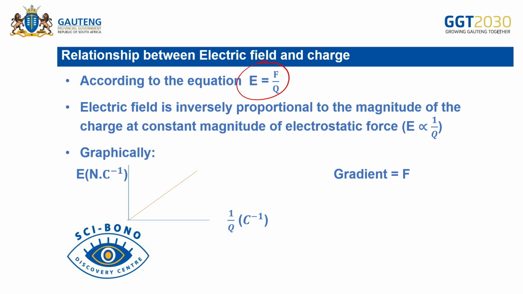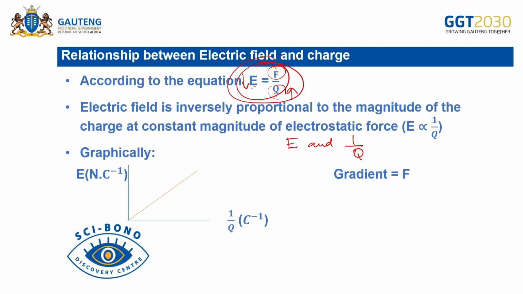E and Q inversely proportional, which means that if this is constant and I'm increasing this Q, your E is going to decrease. But now, what about E and the inverse of charge? Obviously, the relationship will be directly proportional. Since E and Q is inversely proportional. So you can even prove this with values, right? Check if you increase Q, what will happen to E? You will see your E is going to decrease. That is E and Q according to this equation.